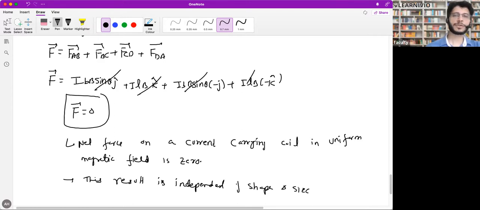It doesn't matter whether the coil is rectangular, circular, or square. If the coil has current and the magnetic field is uniform, the net force will be zero. So the uniform magnetic field is important.